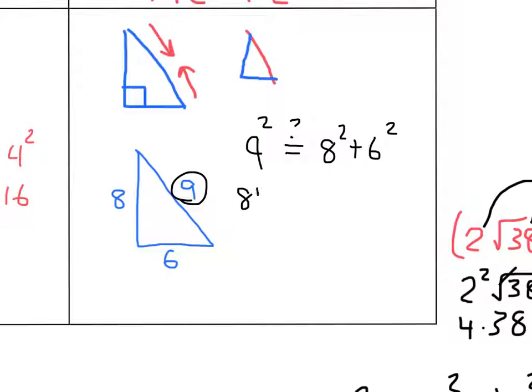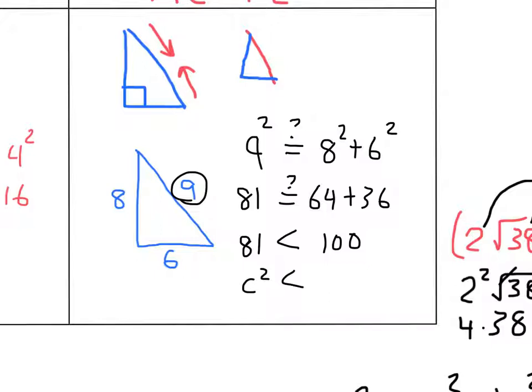Bring down the 81. I don't know. 64 plus 36 is 100. And over on this side is 81. So I clearly see that my c squared is less. So my answer here, if I had to classify, would be acute. Oh, such an acute triangle.